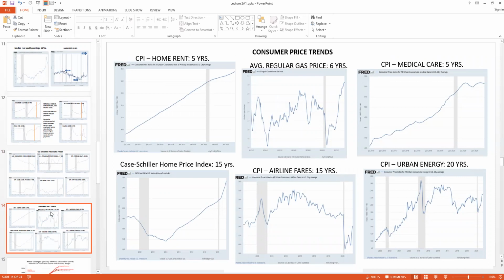Here we have some more consumer prices to simply round out the picture. And once again, you'll notice that most of them, not all, but most, have turned up. Home rent is sort of like the city housing, but that's just for all rentals, and that has actually decelerated a little bit because there's been less demand for new rental housing.